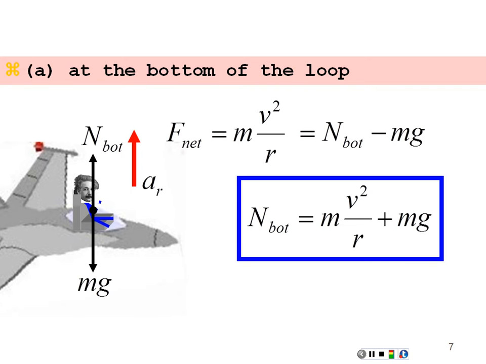Since that is a reaction force, and you're pushing in and it's pushing back, according to Newton's third law those are equal and opposite forces, so you're going to appear like you weigh more than what you actually weigh. You're going to feel like you're sinking in the seat, like you weigh more than mg, and the amount you weigh more by is this mass times velocity squared over r. How about that?